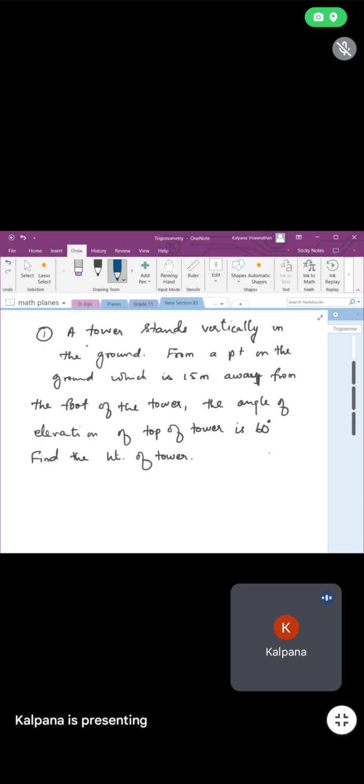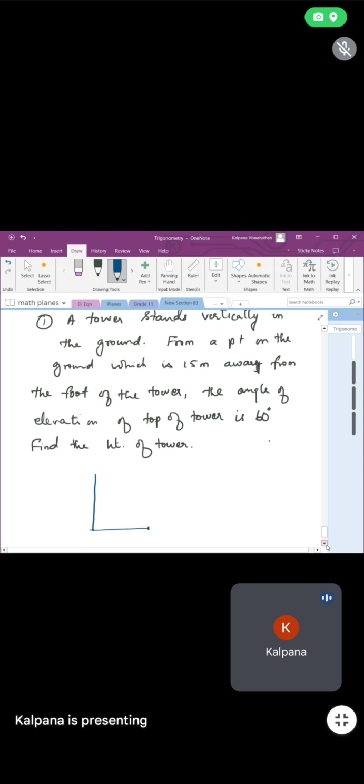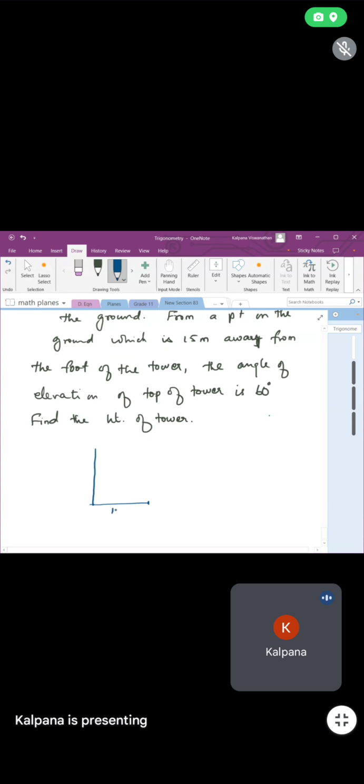Now for this one we have to draw the figure. A tower stands vertically on a ground. So draw a tower which stands vertically on a ground. From a point on a ground which is 15 meters away from the foot of the tower. So this is the foot of the tower, and you have a point here which is 15 meters away.